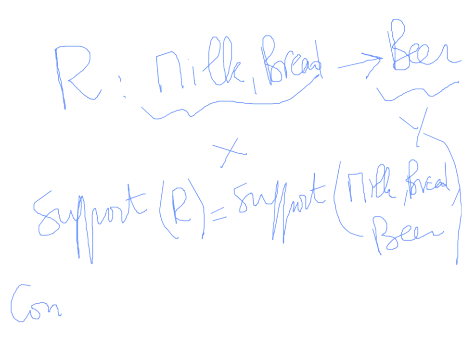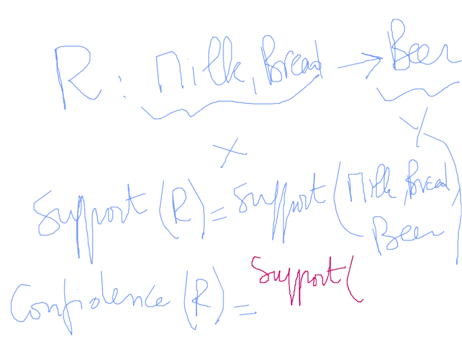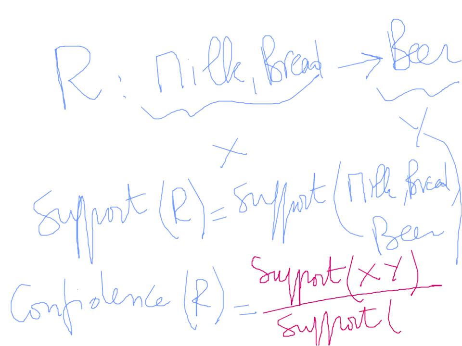Good. Let's move to confidence. What is the confidence of a rule R? It equals the support of XY divided by the support of X. So the support of X and Y, or the support of our rule, is equivalent.